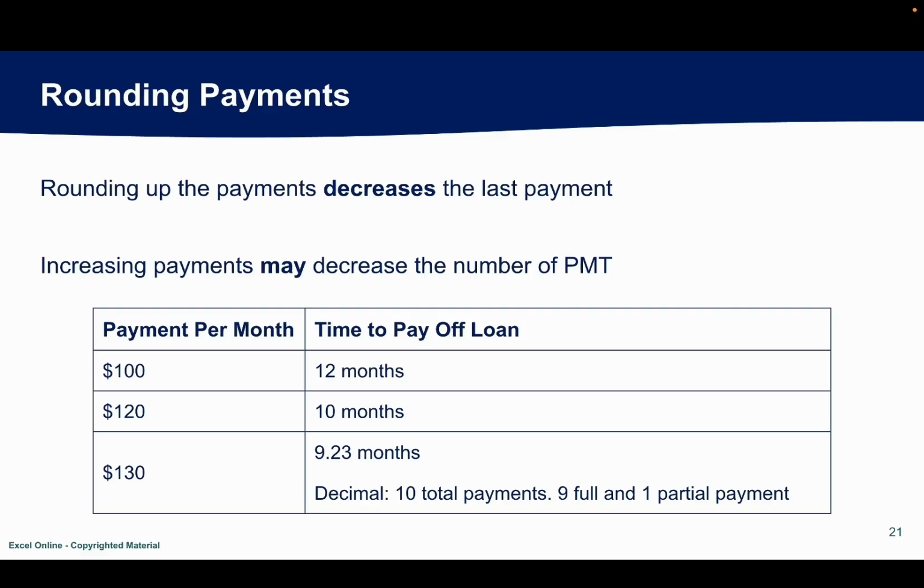If the borrower is paying a half cent more per payment, after 300 payments, the borrower paid an extra $1.50. The bank doesn't get to keep that extra $1.50, and instead, the bank credits the borrower on their last payment. So the last payment is at least $1.50 less than the rest of the payments.